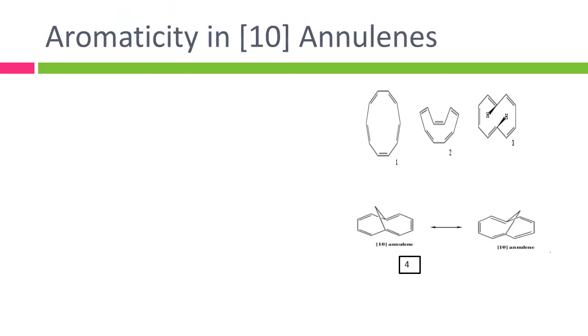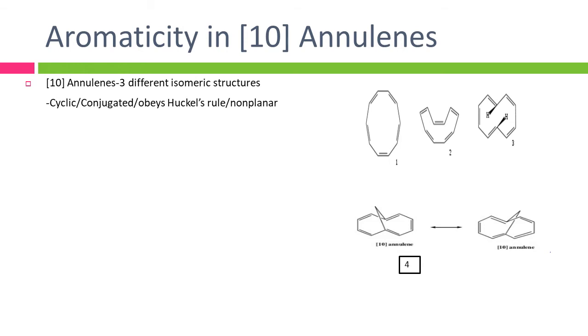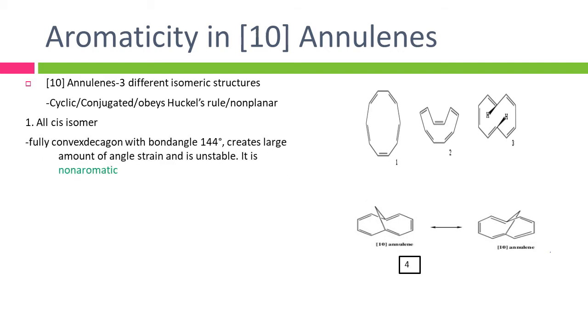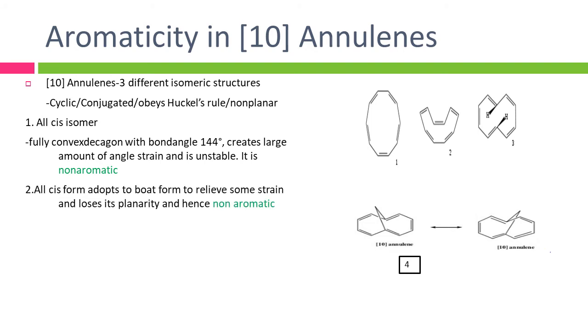Let's take aromaticity in 10-annulenes. 10-annulene exists in 3 different isomeric structures. First one, the all-cis isomer. It is a planar convex decagon with a bond angle of 144, which creates a large amount of angle strain, and it is unstable, and hence this structure is non-aromatic.